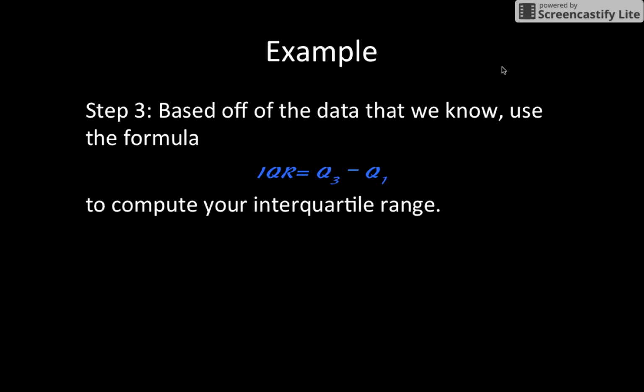Based off the data that we already know, we use the formula interquartile range equals quartile 3 minus quartile 1. We know that quartile 1 is 4, and we know that quartile 3 is 10. So this gives you interquartile range equals 10 minus 4, which gives you a value of 6.